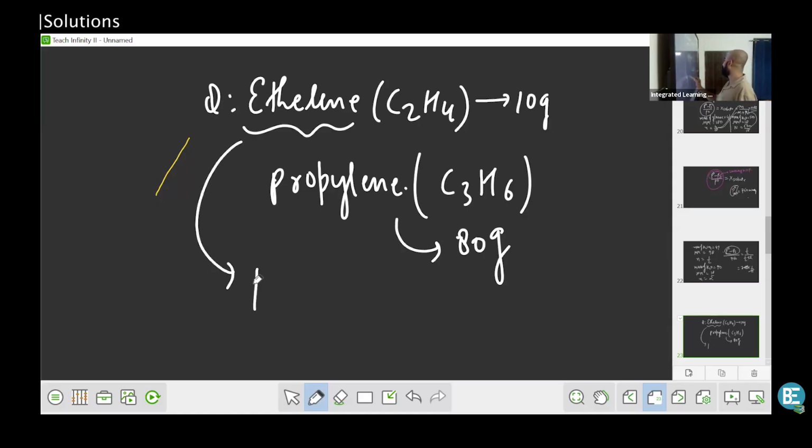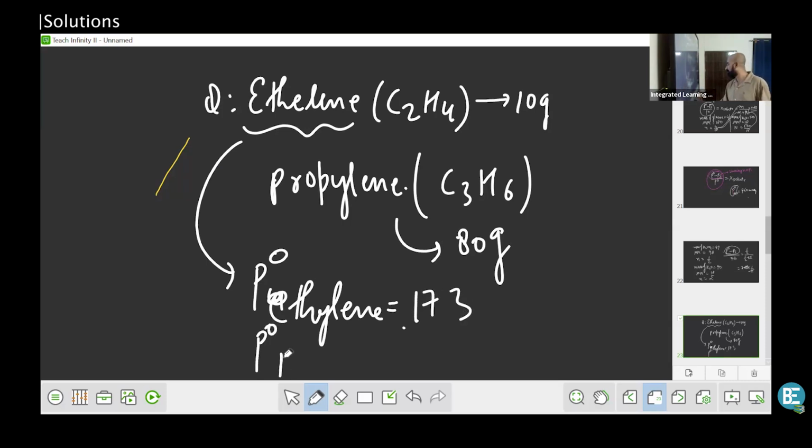You are given pure ethylene, that is P naught of ethylene. I am not stating the question in the pure framework, that is as it is written. I'm giving you the proper values so you can solve this. P naught of ethylene is 173. P naught of propylene is 123. This is the question.